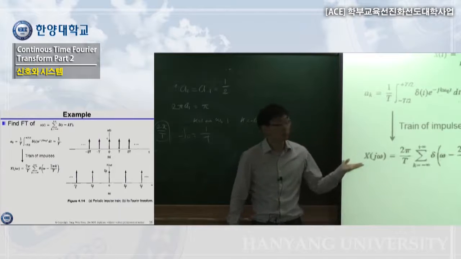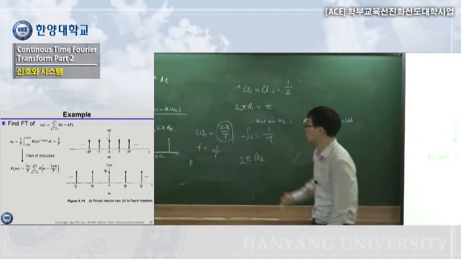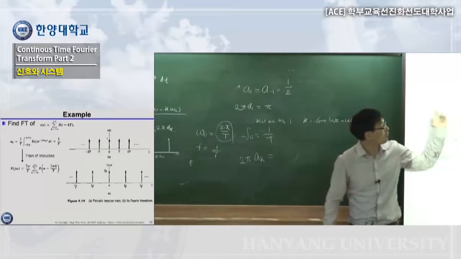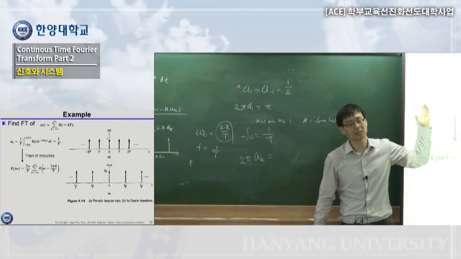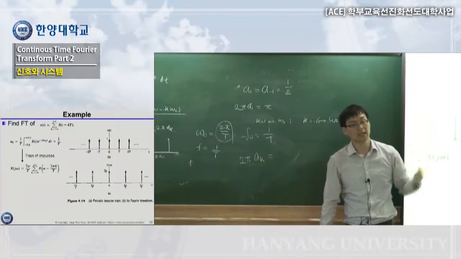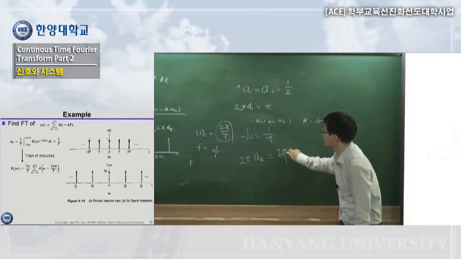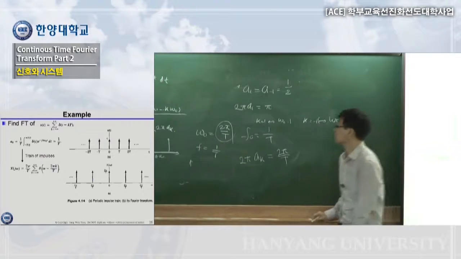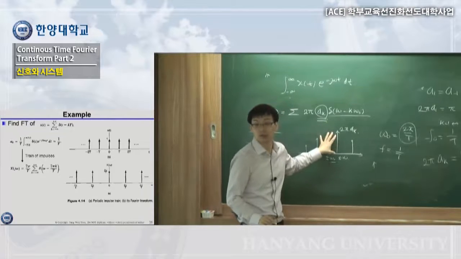And what about the amplitude? We already know that it is given as 2 pi times a_k. What is a_k? From the equation for calculating the Fourier series coefficient, we calculated a_k before: 1 divided by T. This is our amplitude. So we know the spacing and we know the amplitude.